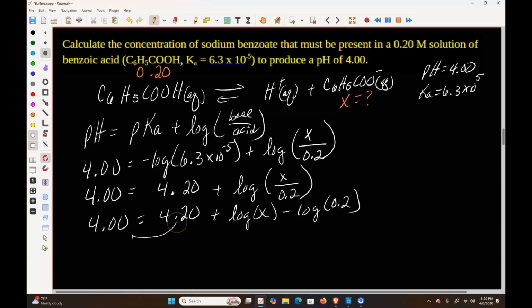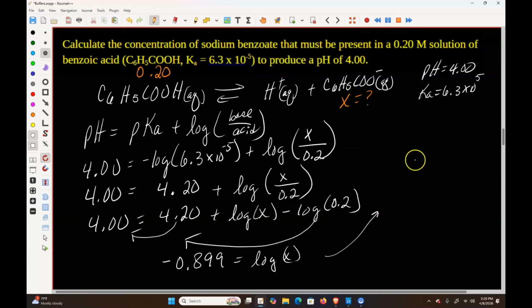I'm going to take this to the other side, and I'm going to take this to the other side. In doing so, I would get negative 0.899 equals the log of x. All right, so to get rid of the log, I'll raise both sides to the power of 10.